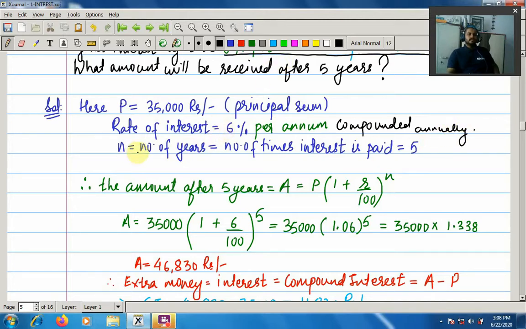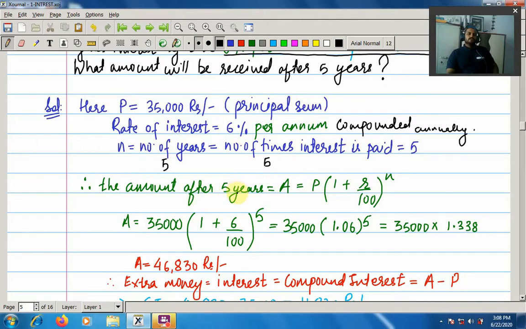Let's read further. n is the number of years or the number of times interest is paid. In this case, both are the same. The number of years is 5 and I'm getting interest at the end of every year. So how many times? 5, because it is compounded annually.